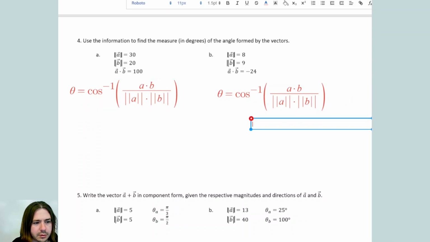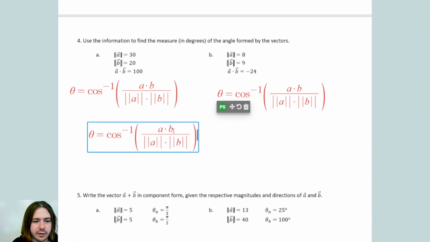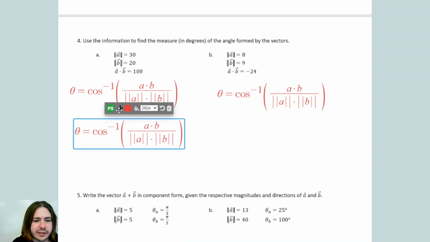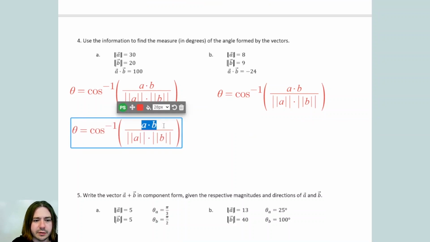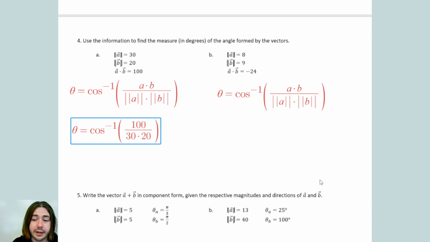What is going on here? There we go. So the dot product is 100. The magnitude of A is 30. The magnitude of B is 20. And so we just go to calculator town here.